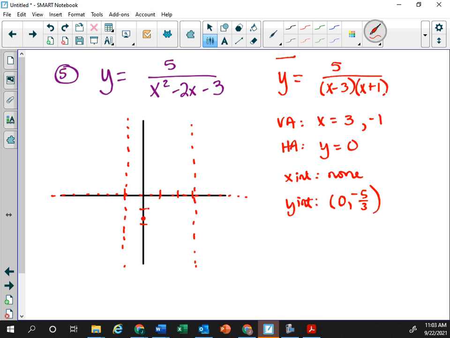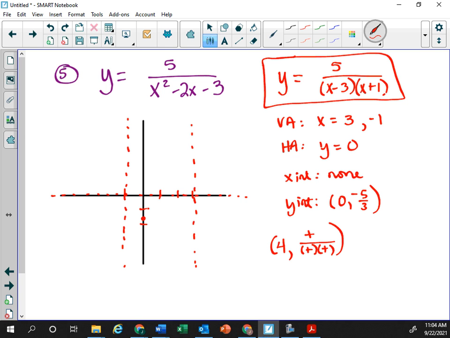So I would look at this. Let's say I plug in, I don't know, 4. So plug in a 4. I have a positive 5. 4 minus 3 would be a positive. 4 plus 1 would be a positive. So when I'm over here at 5, it's somewhere up here, right?